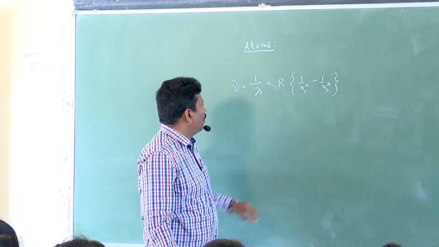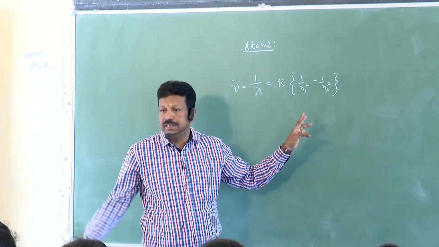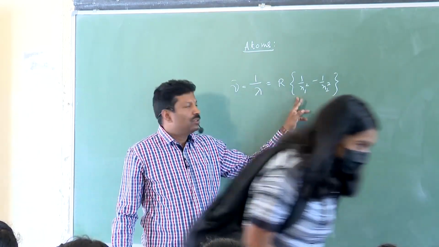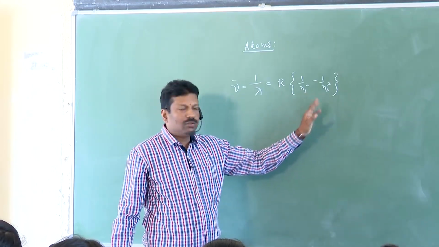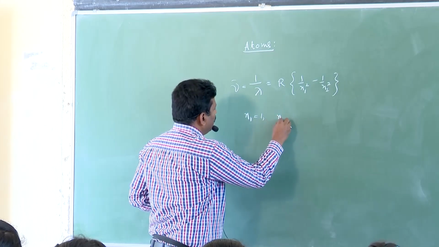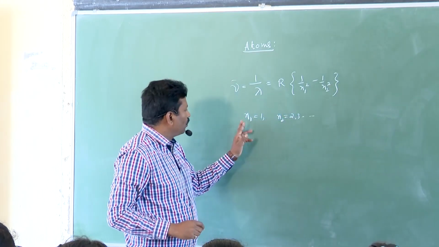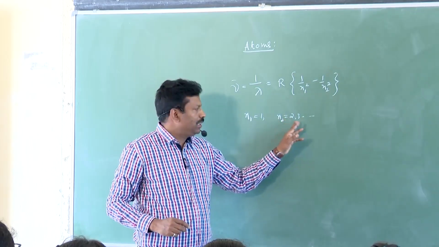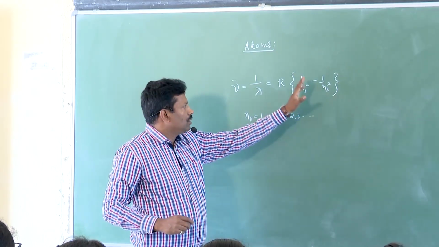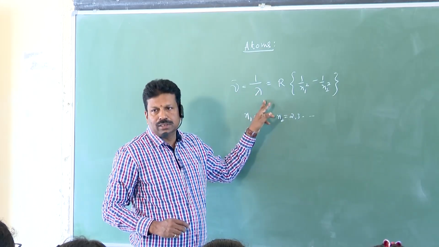Depending on the transition, n1 could be 1 and n2 could be 2, 3, 4, etc., or n1 could be 2 and n2 could be 3, 4, 5, like that. So depending on the transition, we have the wave number and the wavelength, right?